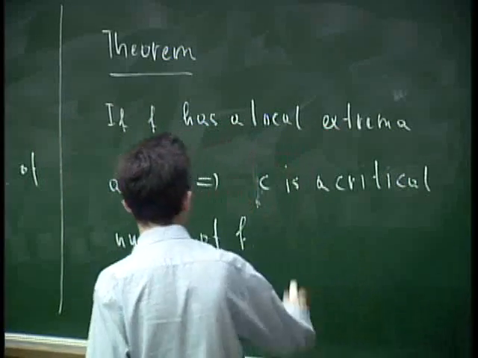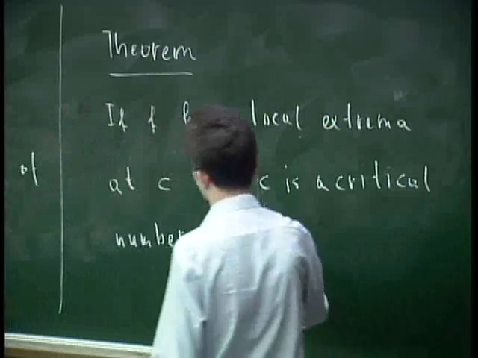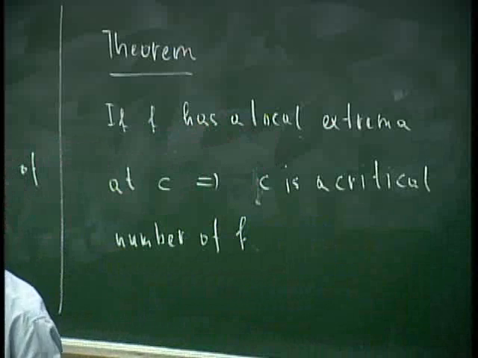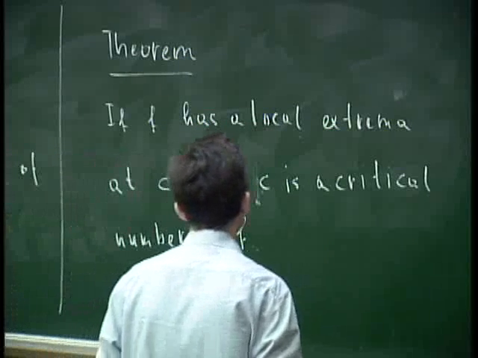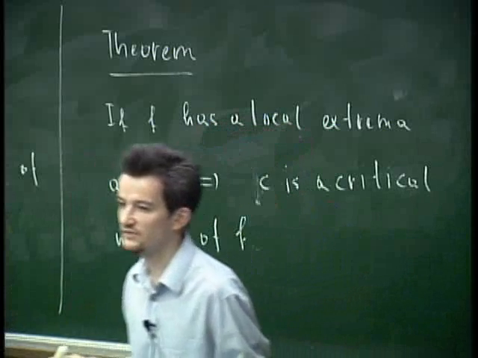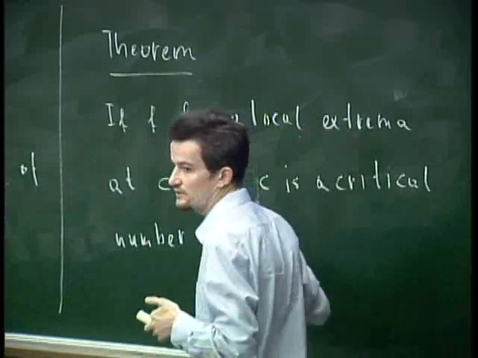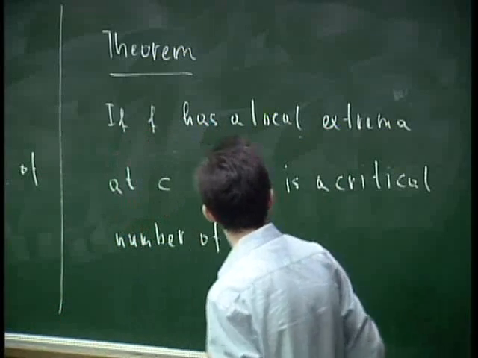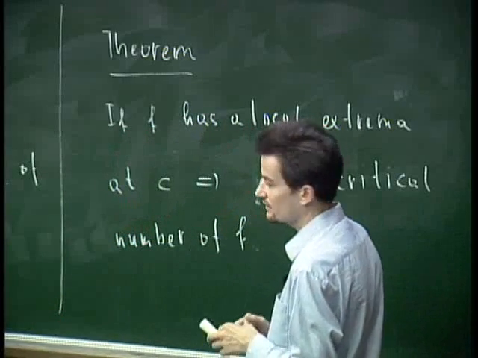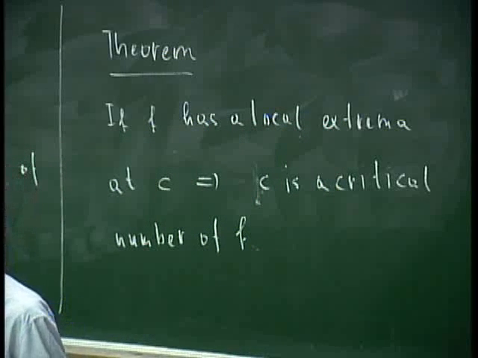So if you want to find all the local extremas, what you do is you first find all the critical numbers. This restricts your set of all possibilities to a much, much smaller set for most functions, and then you just have to search in the set of critical numbers whether the numbers are local extremas. But we know that some of them might not be a local extrema, so the real set of local extremas might be a subset of the set of critical points. Any questions to this?